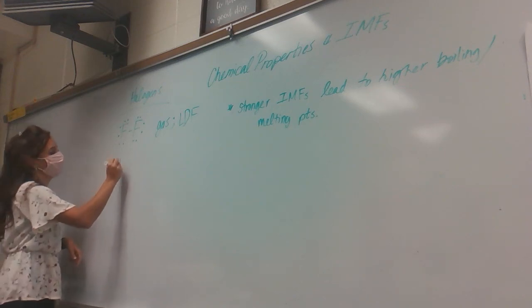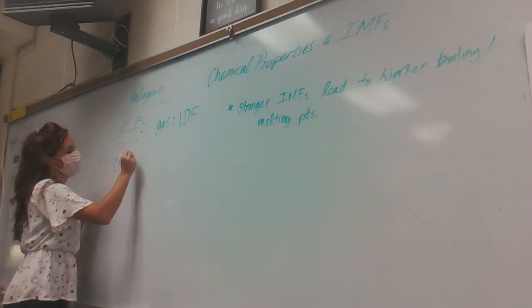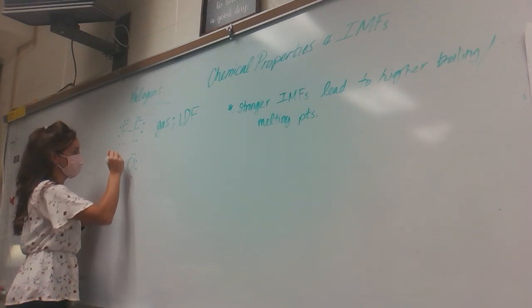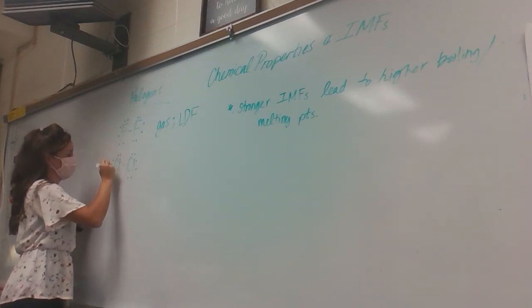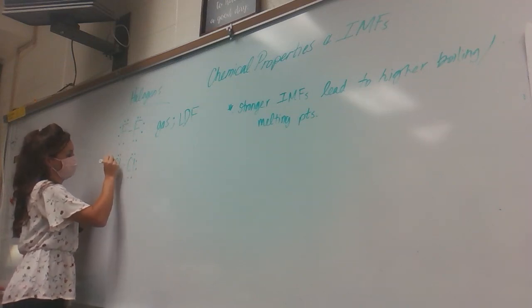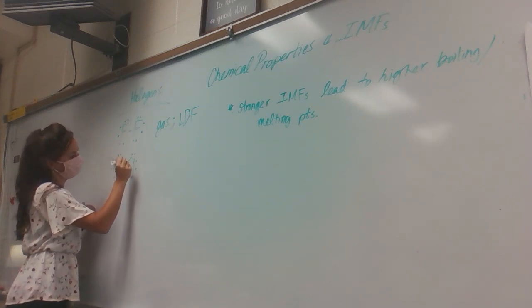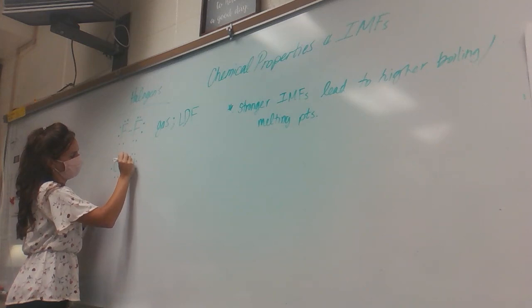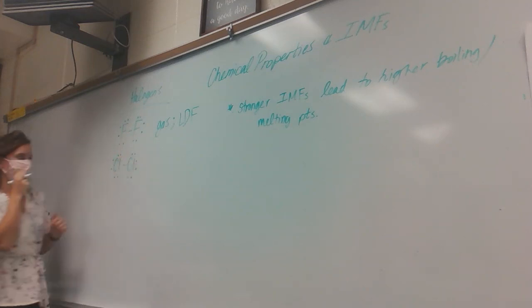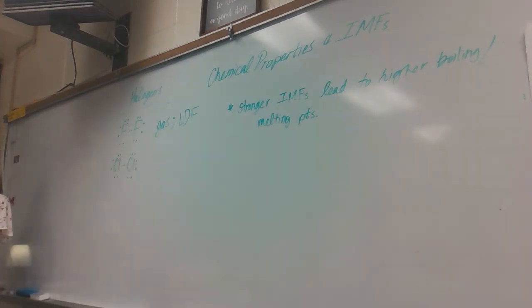Underneath it, chlorine, 7 valence electrons, but 17 total. Chlorine, room temperature, solid, liquid, or gas?